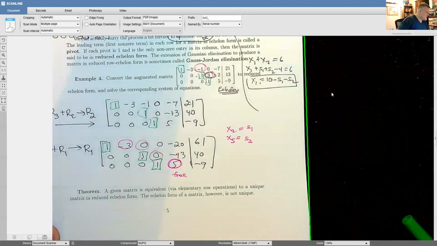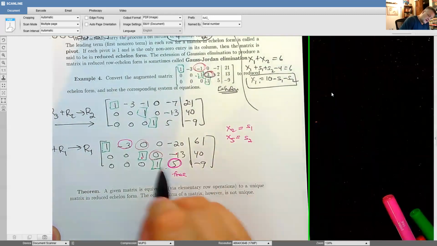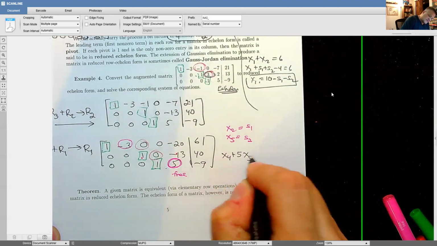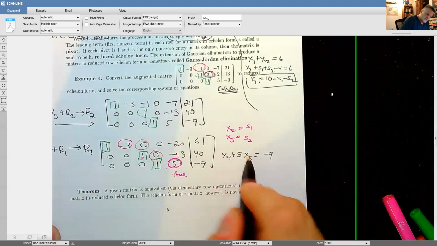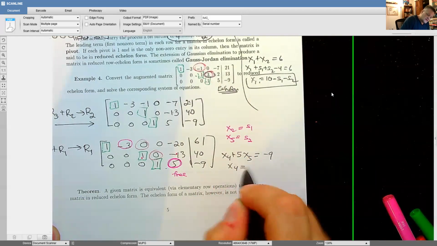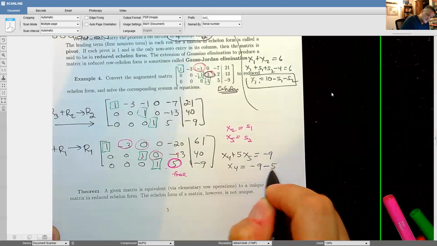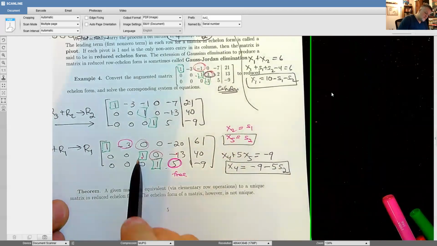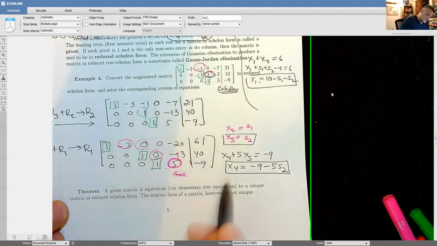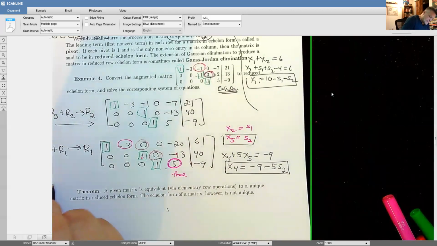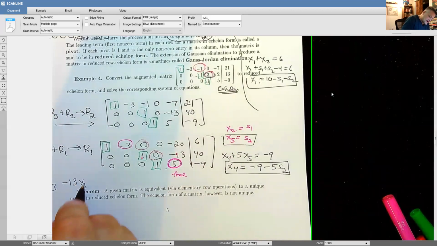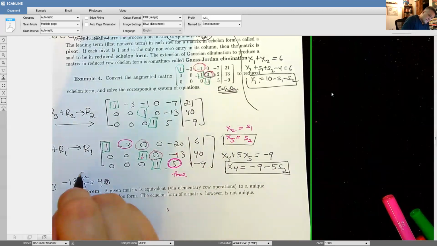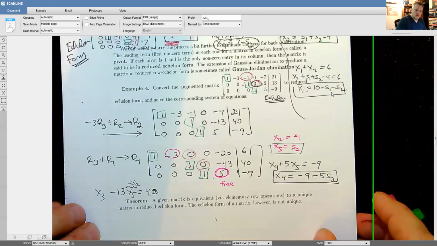Okay. If I plug those in, notice here I have x4 plus 5x5 is equal to -9. Plug in the s2 and subtract to get -9 minus 5s2. So I have x4. Okay. If I plug those into the previous one, I have x3 minus 13x5 is 40, but x5 was s2. Okay.